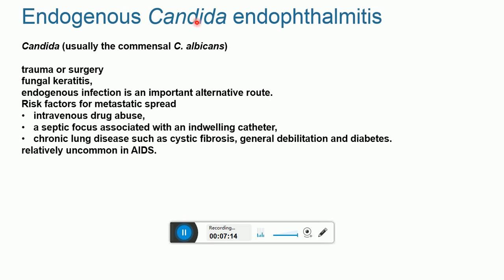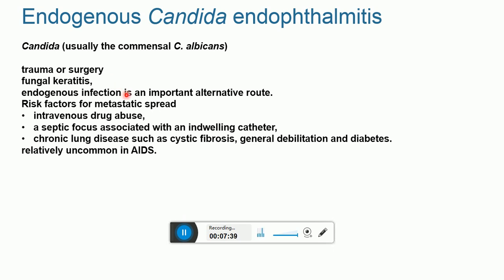Endogenous Candida endophthalmitis. Candida, usually the commensal Candida albicans, can be introduced into the eye from the external environment by trauma or surgery, or can spread from fungal keratitis. But endogenous infection is an important alternative route.